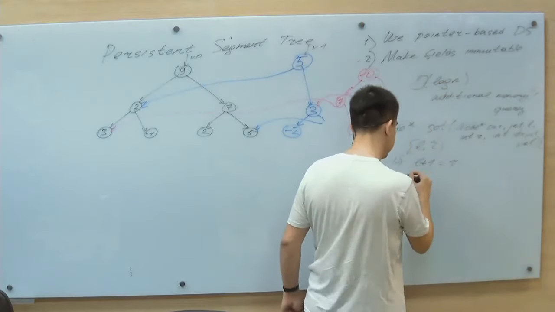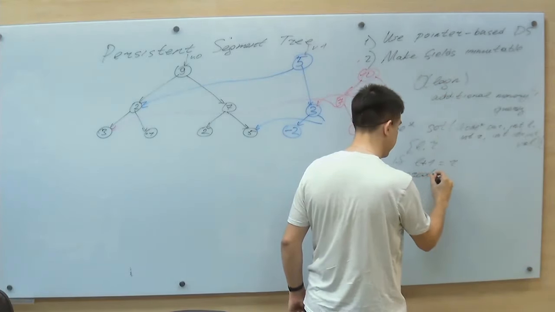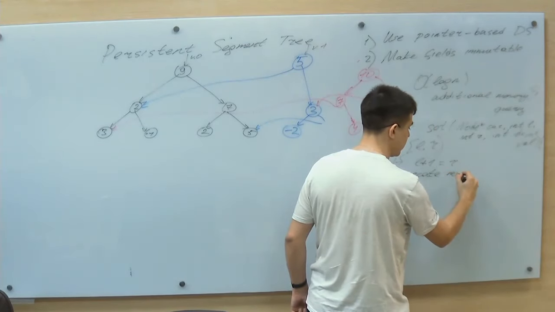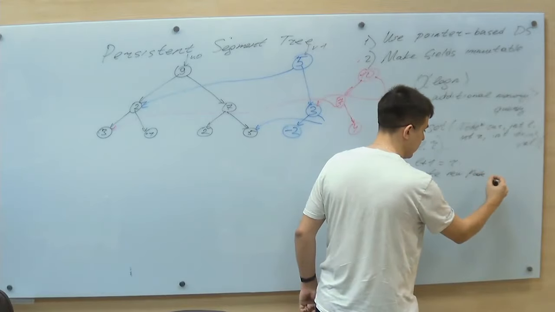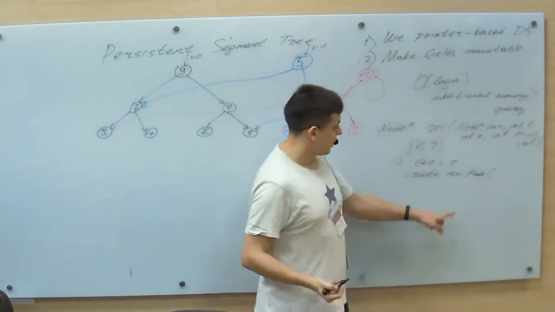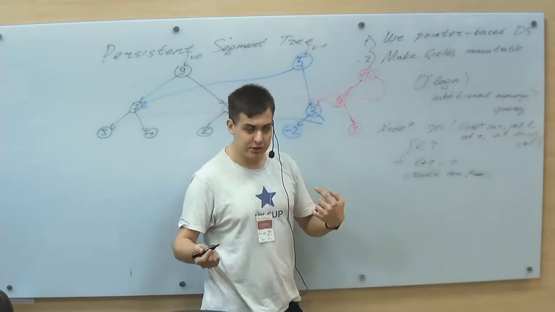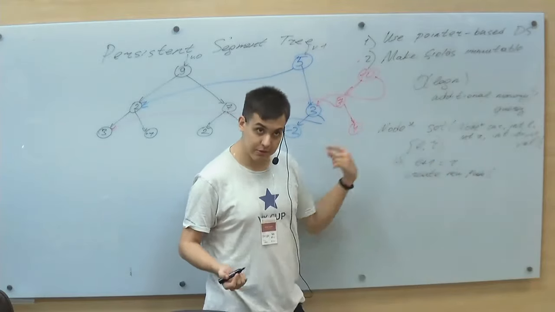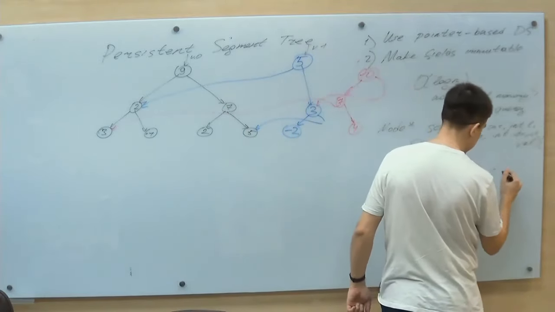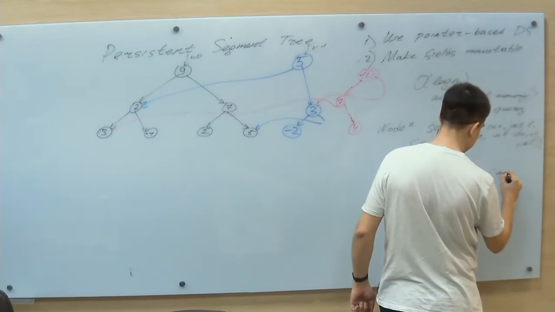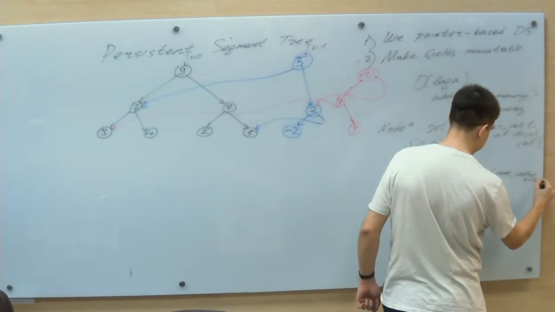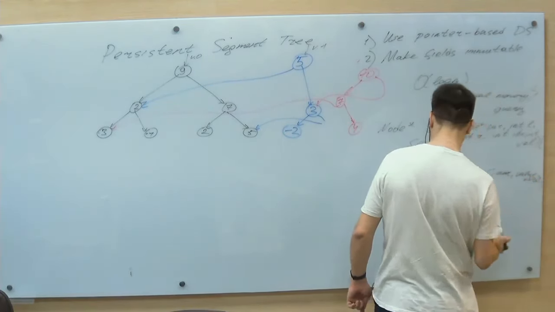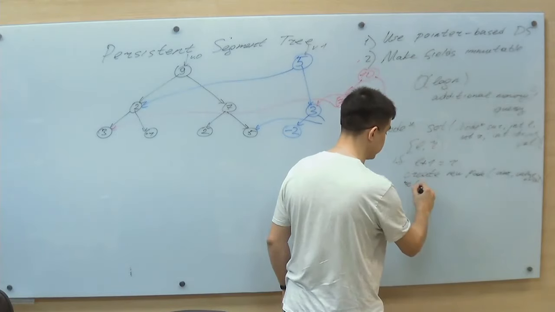Let's do it like this: create a new node. Well, we create a copy of the current node, but with the new value. And then return the pointer to that one.